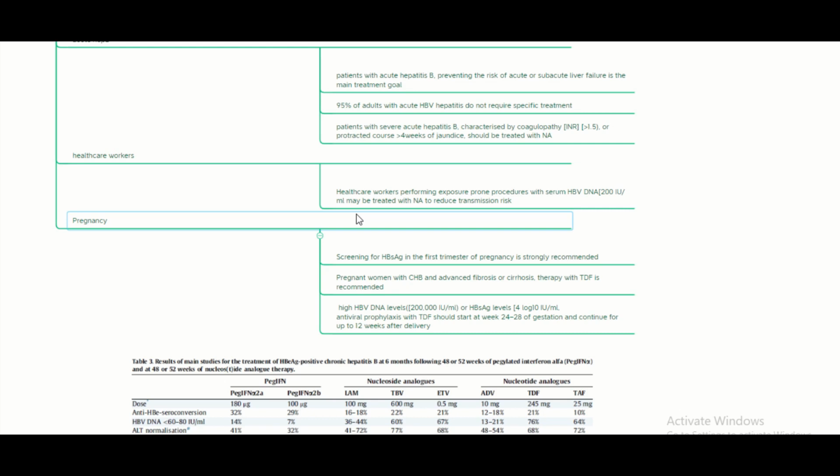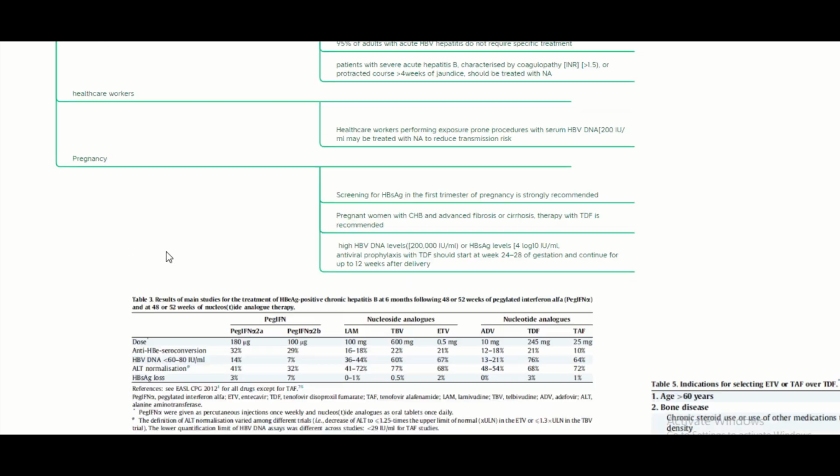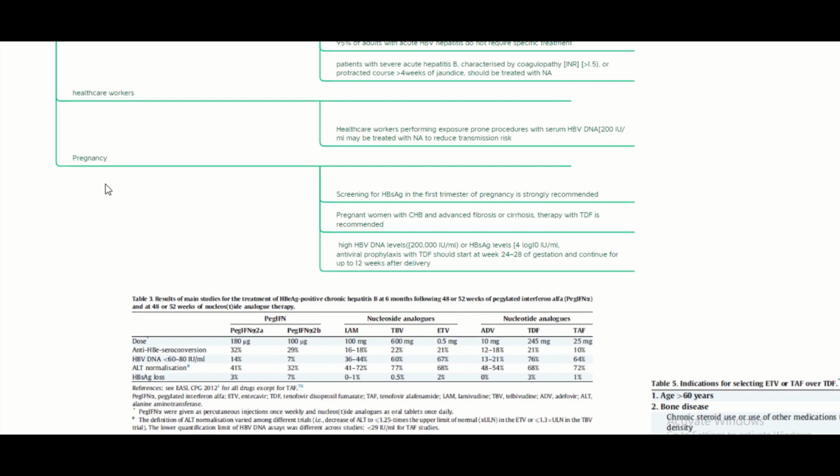Healthcare workers should always take the hepatitis B vaccine and have regular reminders of this vaccine. And if they are treating any patient with an HBV DNA more than 200 and they have any exposure prone procedure like extensive surgery, or if it's a nurse that works in the manipulation department where she will put a lot of catheters and give IV injections to the patient, these people may be treated with prophylactic doses of NA to reduce transmission risk, but there is no strong recommendation.